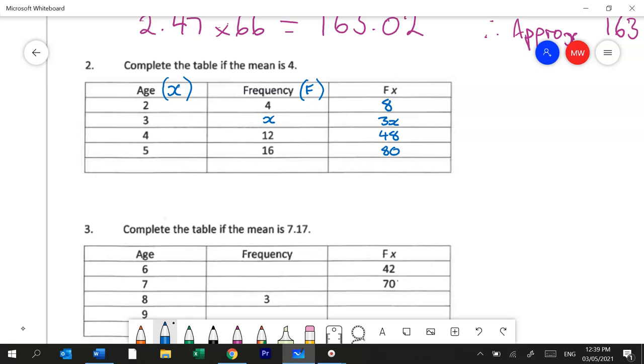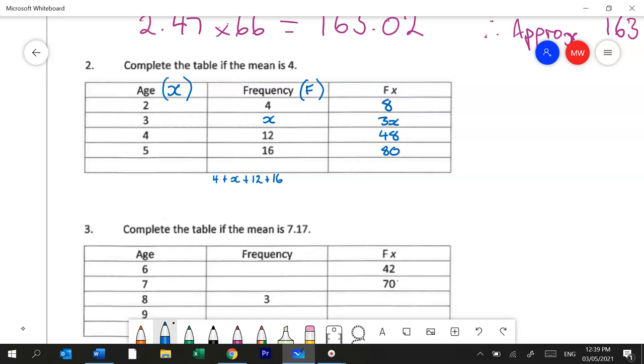So turning myself into an algebra robot and not thinking about the fact there's letters and numbers, they're all just numbers. I'm just going to write down what I can see. So here I've got 4 plus X plus 12 plus 16, and I'm going to collect up my like terms.